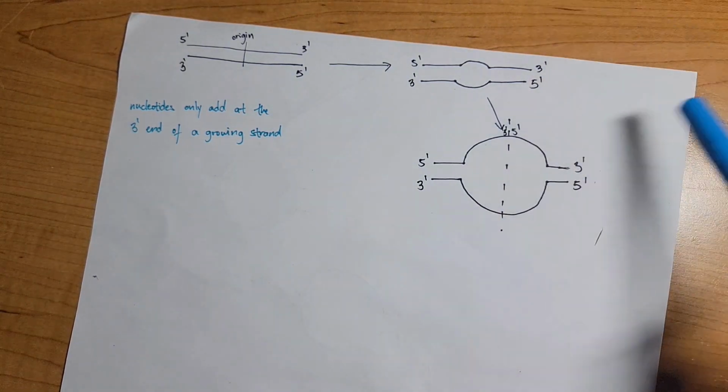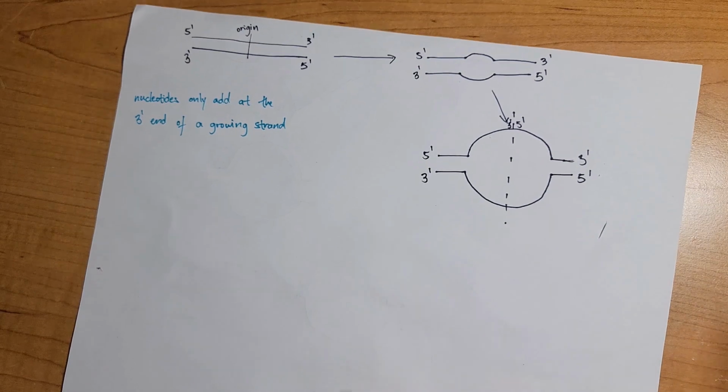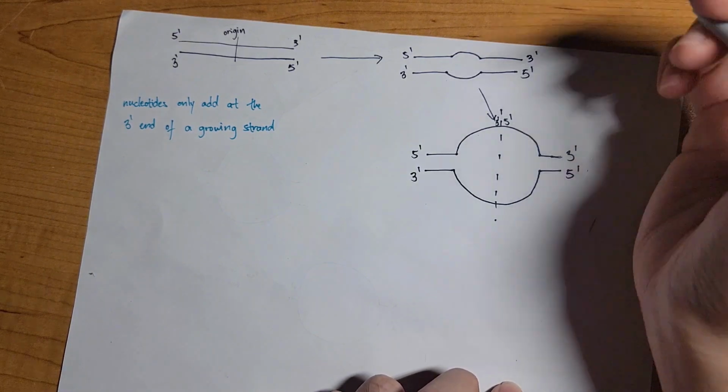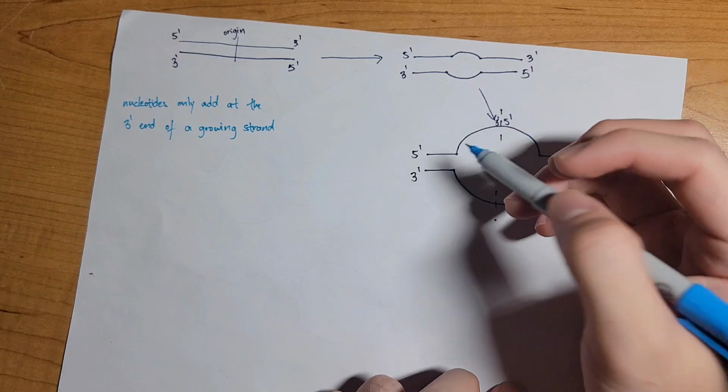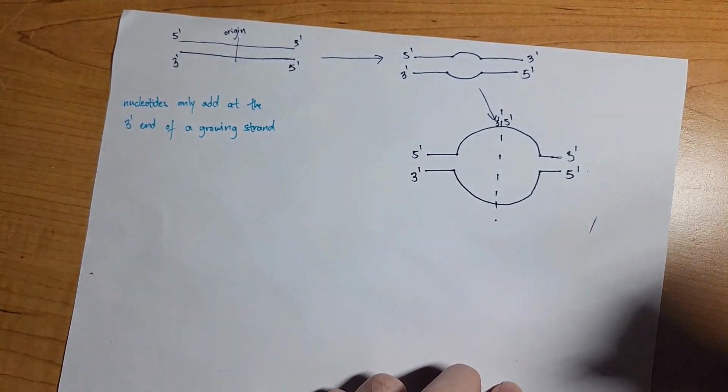Now that I've labeled this, I can start making my daughter strands. As we know, strands go from 5 prime to 3 prime. So if I'm going to have a new daughter strand, I have to start from 5 prime. We're only going to use the top strand, so the top strand is going to be our template.